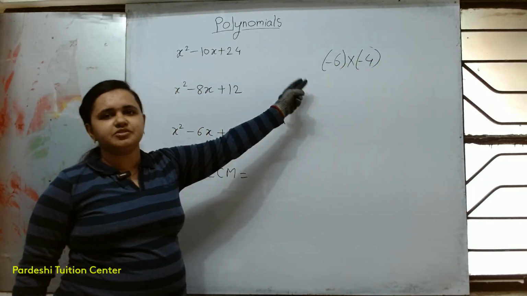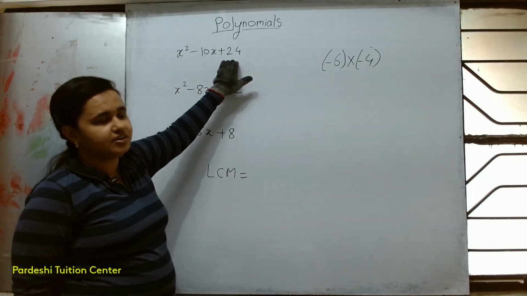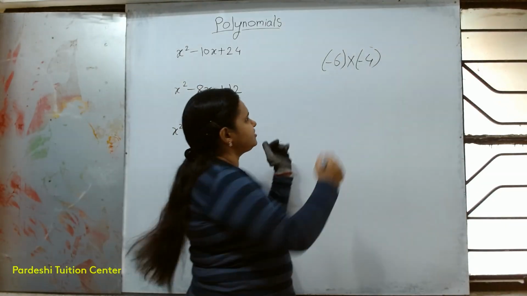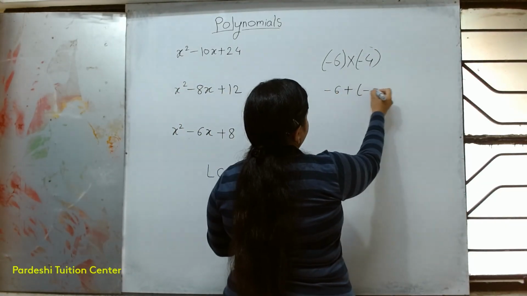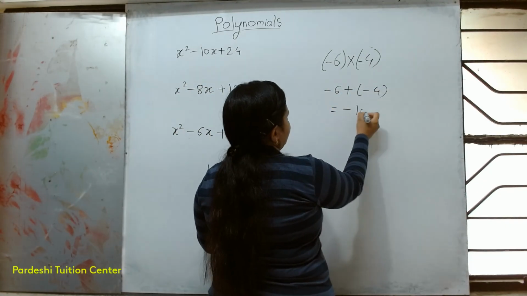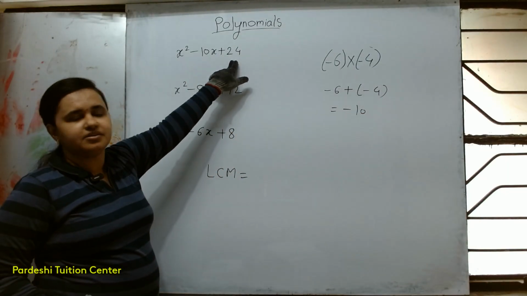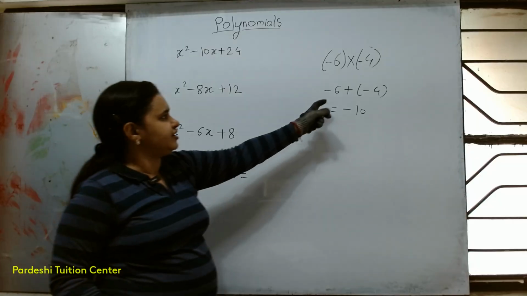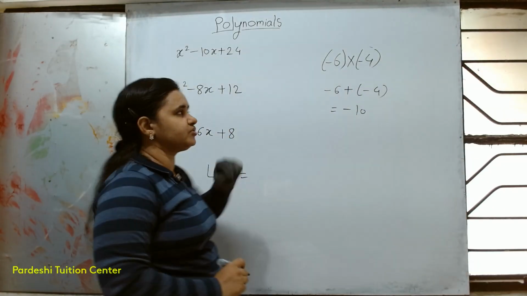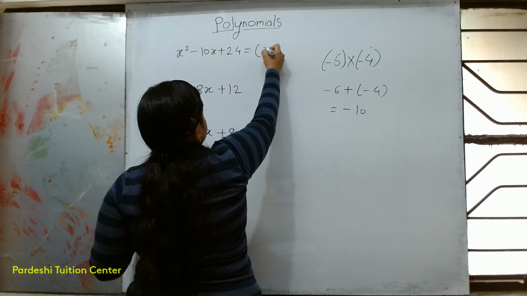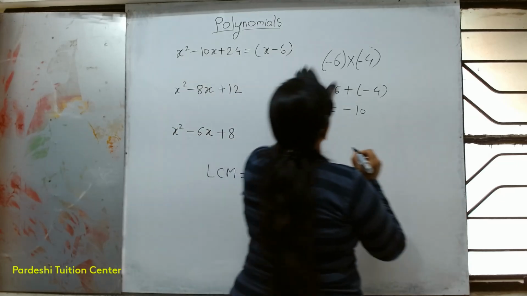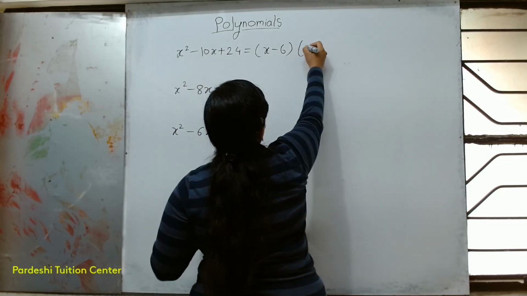Now minus 6 multiplied by minus 4 is 24 and minus 6 plus minus 4 is minus 10. So sum is coming minus 10 and multiplication is coming plus 24. So the factors will be x minus 6 and x minus 4.